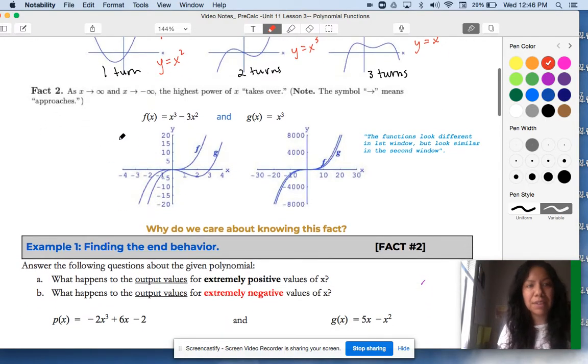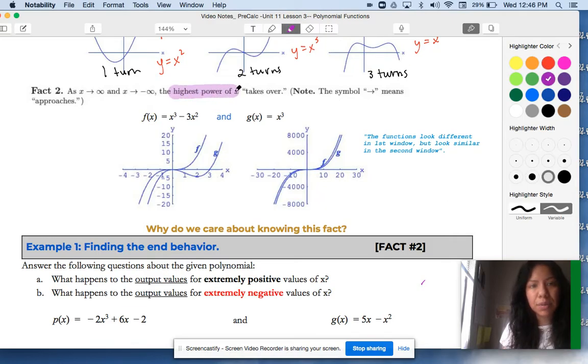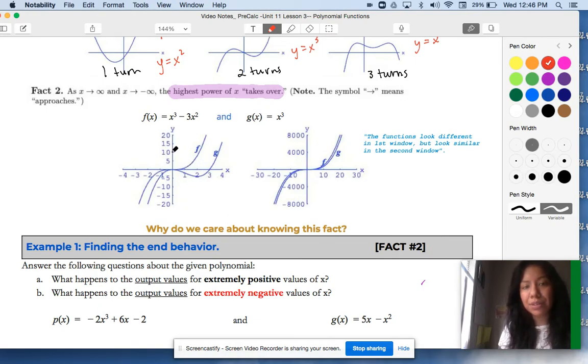Now we're doing fact number 2. Fact number 2 says as x approaches positive infinity and as x approaches negative infinity, the highest power takes over. This is the key thing that you want to have written down: the highest power always takes over. Why is that true? Even though these two graphs, f of x and g of x, look different in one window, in another window they look the same.